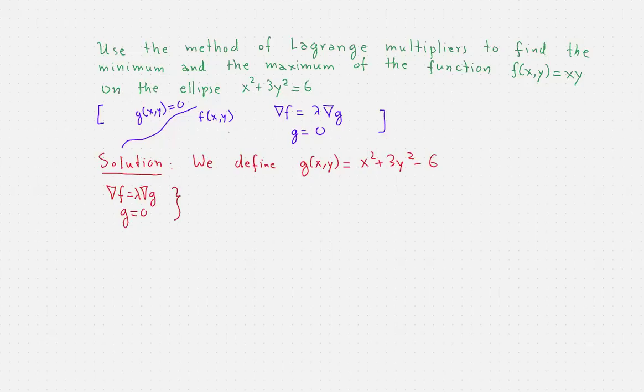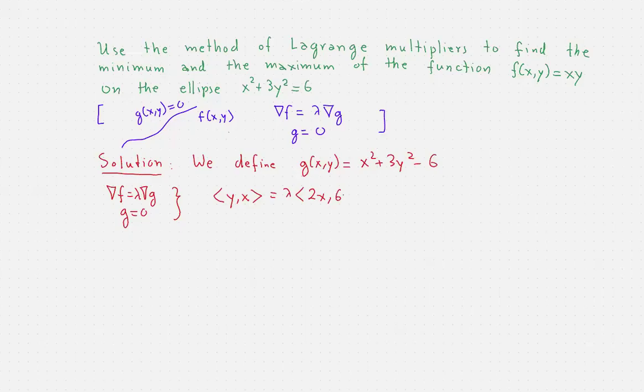The gradient for f is yx, right? y being the partial derivative of xy with respect to x, and x being the partial derivative of xy with respect to y. And that should be equal to lambda times the gradient of g, which is 2x and 6y. And then we want to require that x squared plus 3y squared is equal to 6.